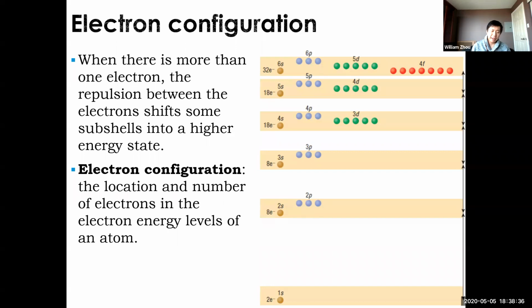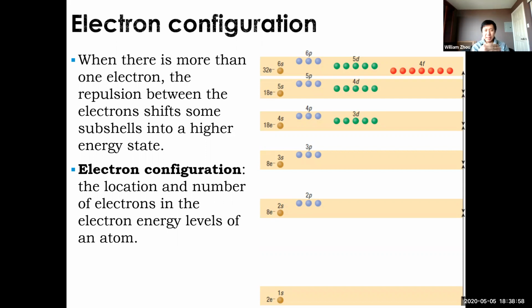So actually, 4s comes after 3p, and then it's 3d. After 3d, you have 4p, and then 5s, and then 4d. So 4d also has high energy. It exceeds 5s, so it rises above. So 5s, and then 4d, and then 5p.